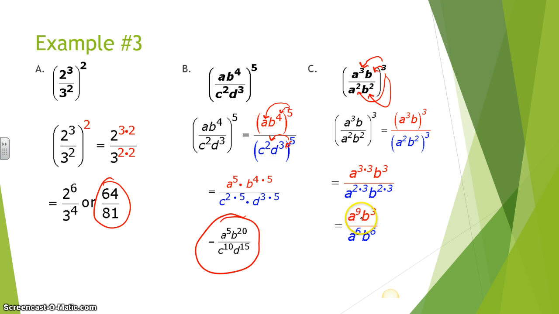So I'm going to end up with a to the ninth times b to the third over a to the sixth times b to the sixth. But notice how we have same bases with exponents, so what we can do here is do a 9 minus 6 and b 3 minus 6, which is going to become a to the third over b to the third, and this will be your final answer for C.